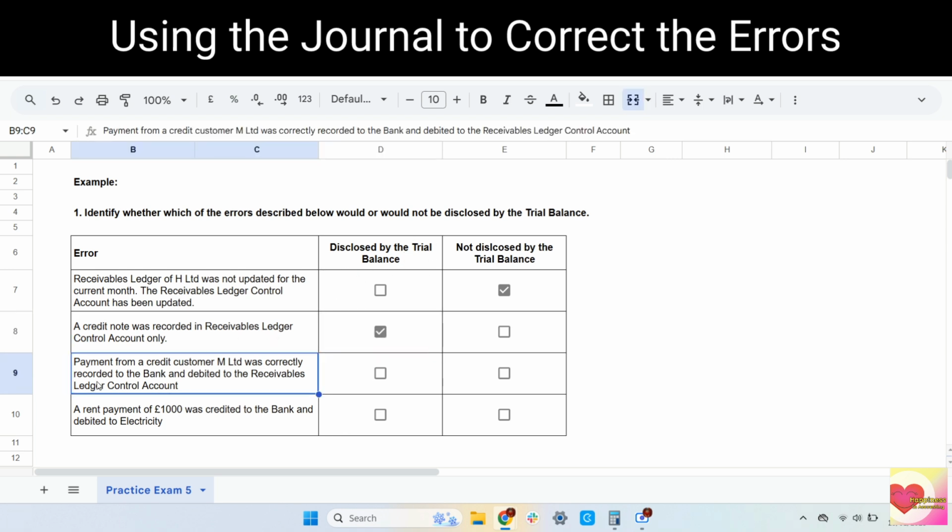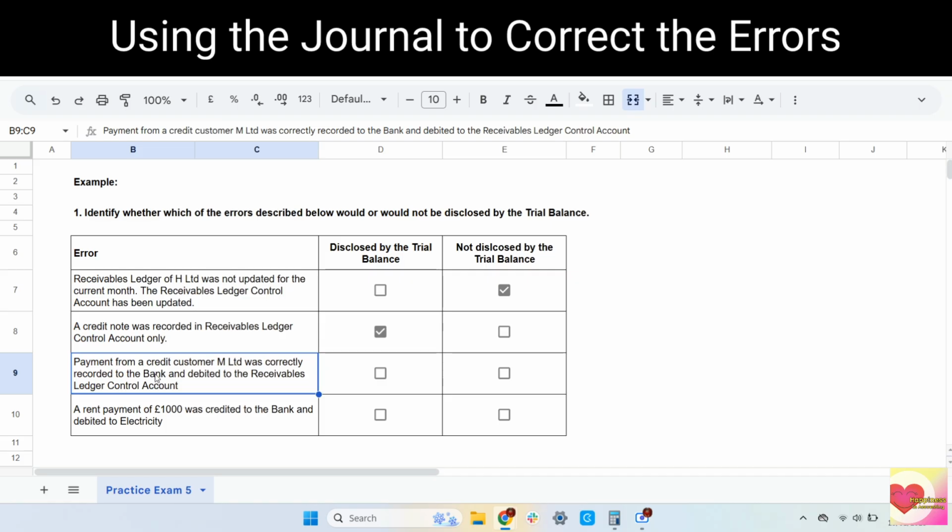Next, a payment from a credit customer M Limited was correctly recorded to the bank and debited to the receivables ledger control account. It means our credit customer M Limited has paid us, and it was correctly recorded to the bank, which is in debit.